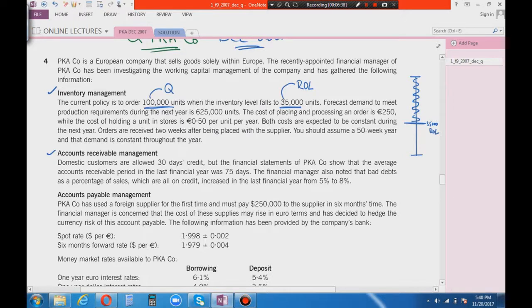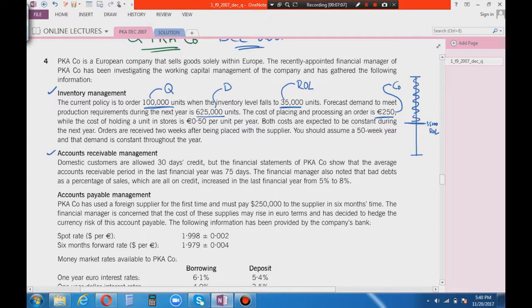Okay, the forecast demand to meet the production requirement during the next year is 625,000. So this is basically your demand, D. The cost of placing and processing an order is 250 euros. So the cost of ordering one order, I'll call it CO, is 250 euros.